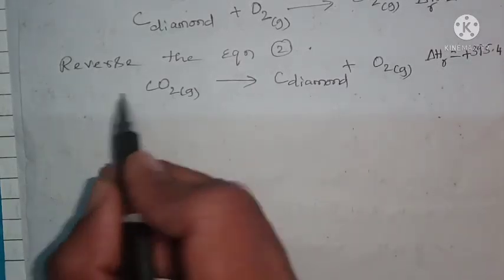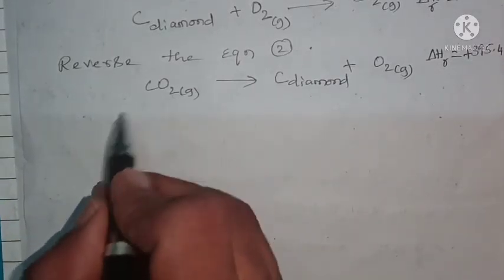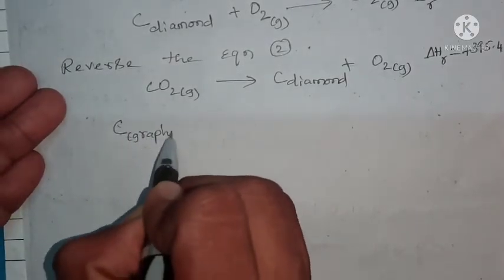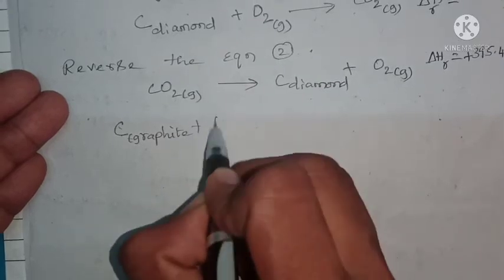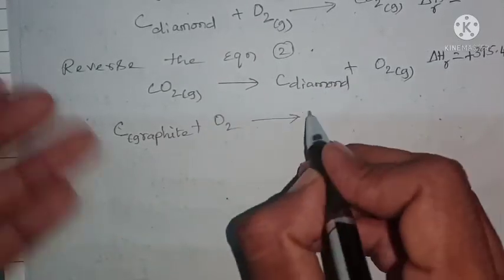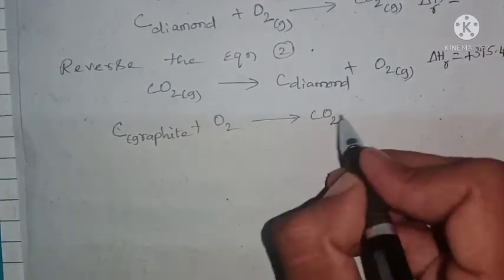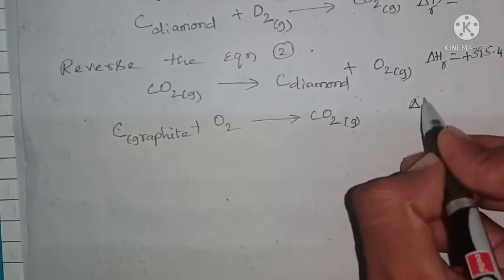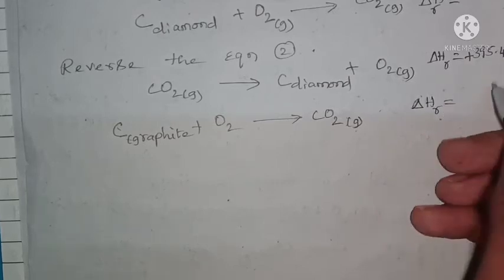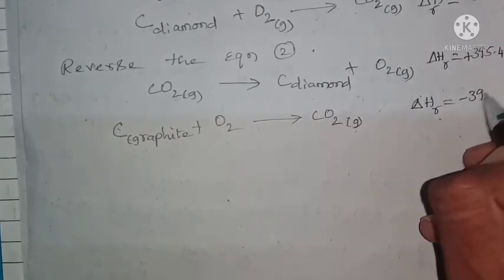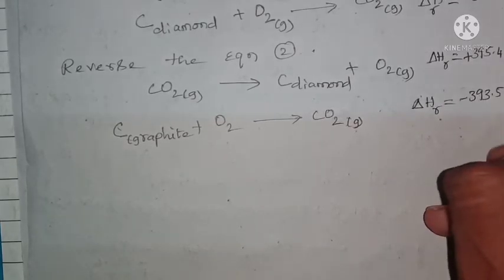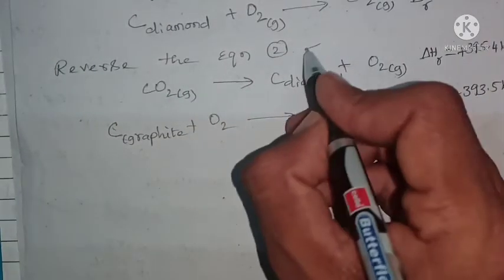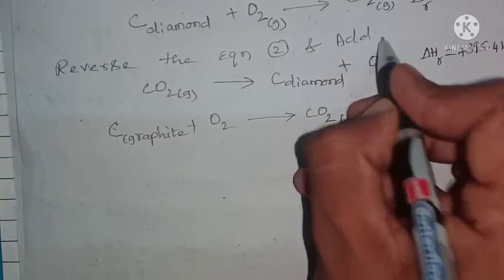Okay, and equation 1 as it is, so I write C graphite plus oxygen gives carbon dioxide gas, and delta H reaction is minus 393.5 kilojoules. Reverse the equation 2 and add. We have to add here.